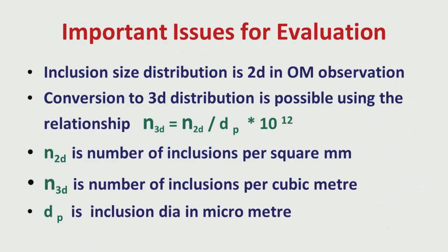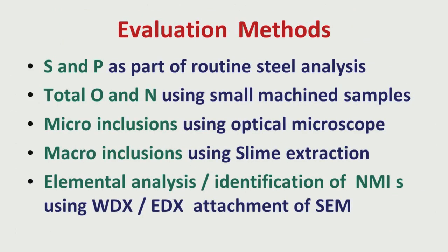So, today what have we covered? We have covered how evaluation of inclusion is done, how sulfur and phosphorus are analyzed as part of the routine analysis, and how total oxygen and nitrogen can be analyzed from small machine samples.